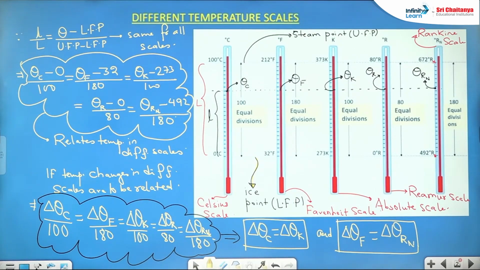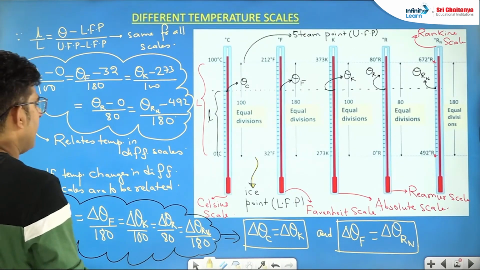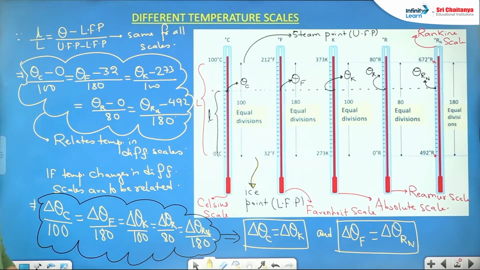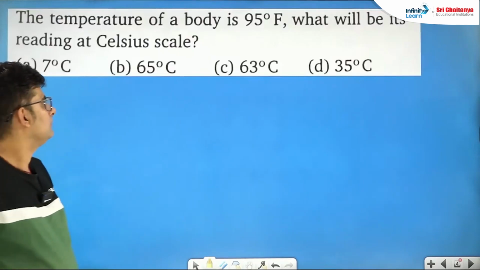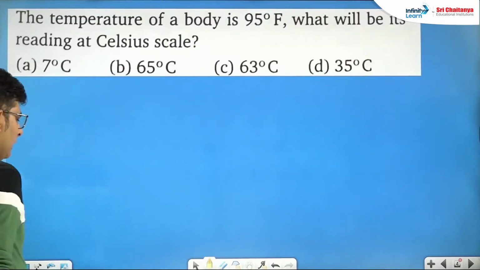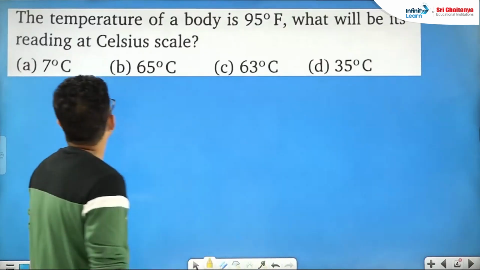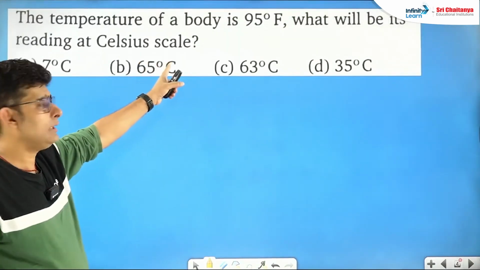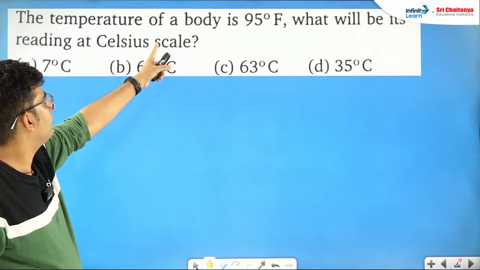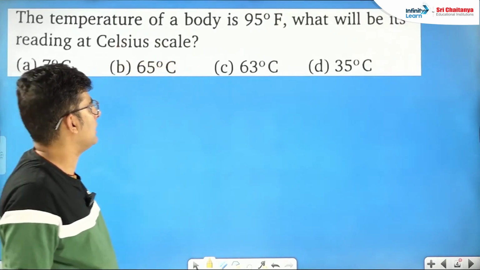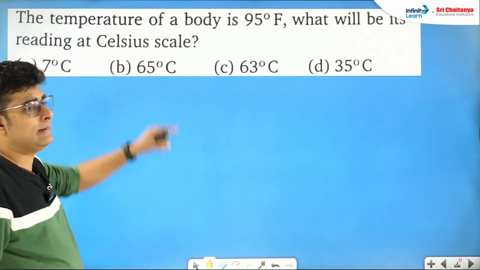So let us go through examples so that the use of this can be understood. Now we have a few questions. Let's see the first question, a very basic question. The temperature of a body is 95 degree Fahrenheit. What will be its reading at Celsius scale?